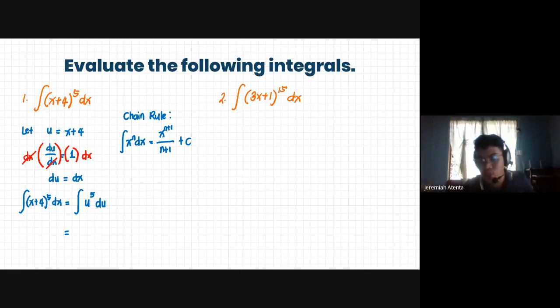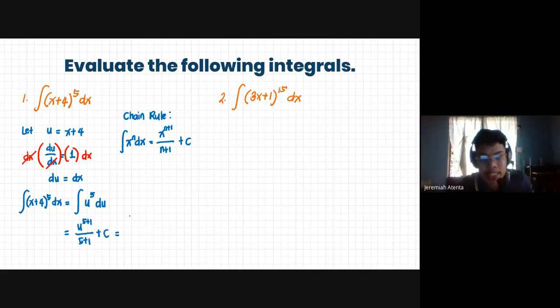So this will become u to the power of 5 plus 1 over 5 plus 1 plus c. Do you still follow? And this is now equal to u to the power of 6 over 6 plus c.